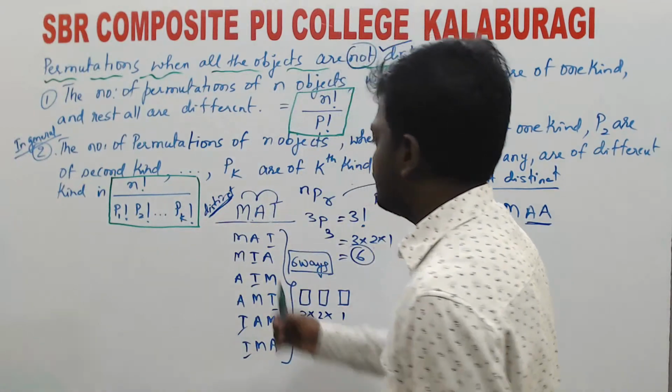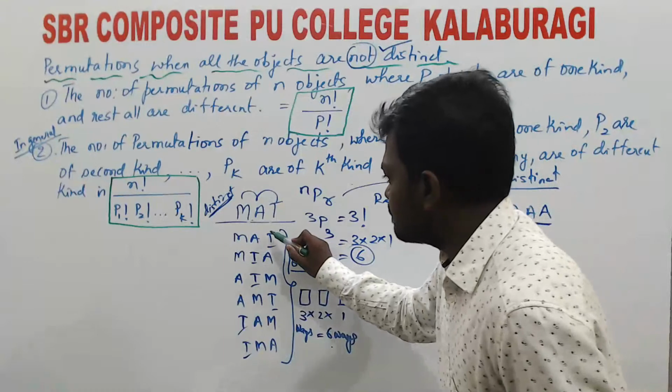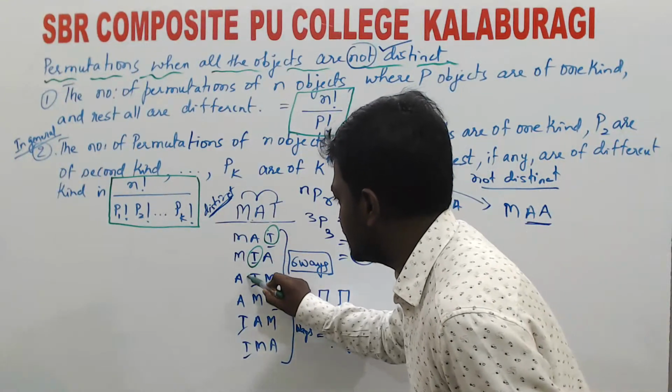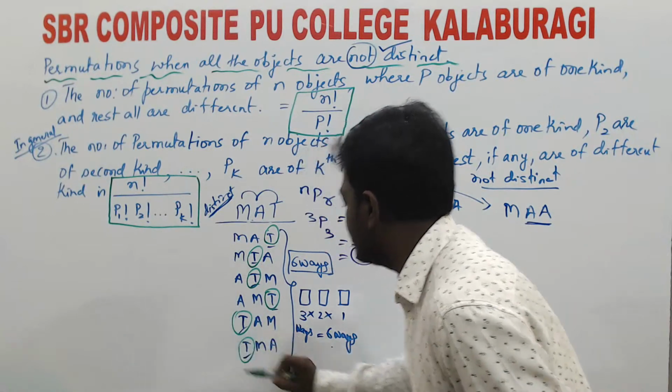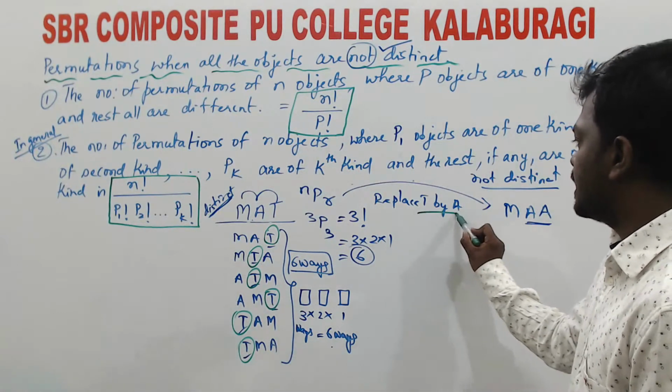So now, MAT I have discussed. Now wherever T is there, replace T by A. That's what we have done here.